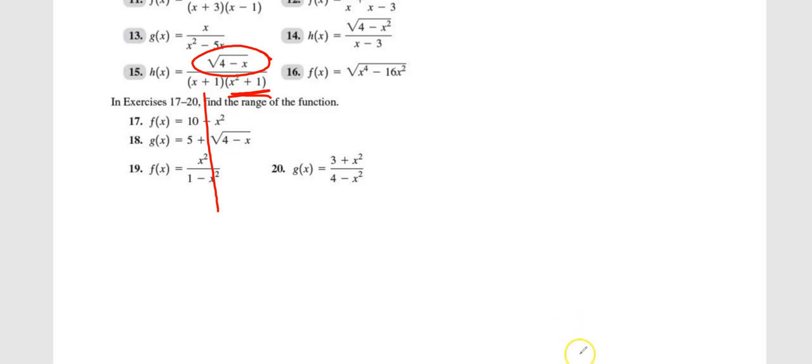And maybe I should put this up on my camera. Should probably type that first. 4 minus x.